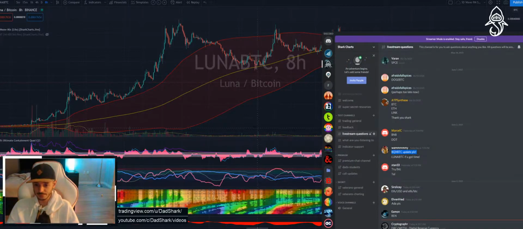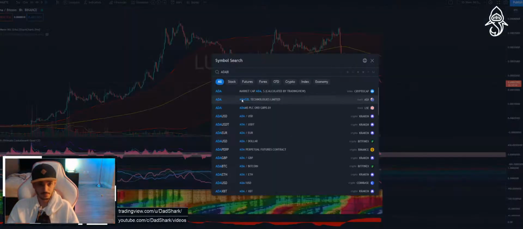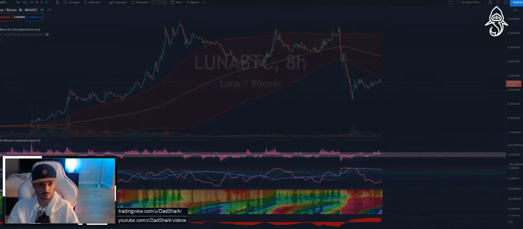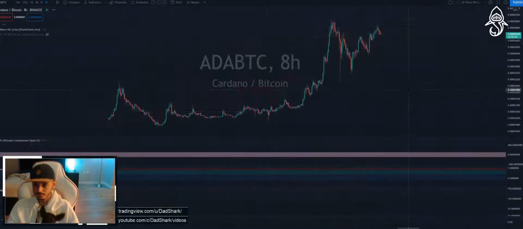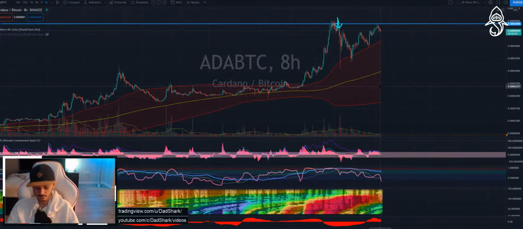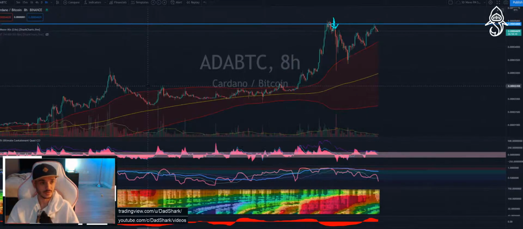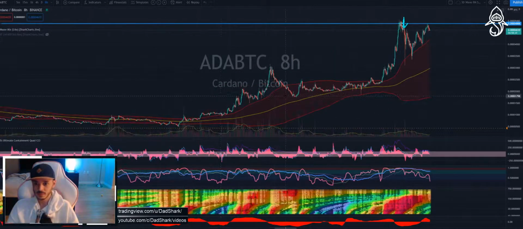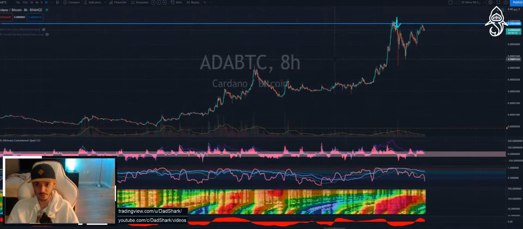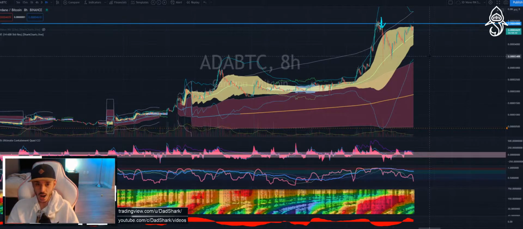Alright, what's next? ADA. Oh man, we called that top, didn't we? Whew, this is gonna be good. Ready for this 3.2 standard deviation? Nope. That's because it's maxed out.